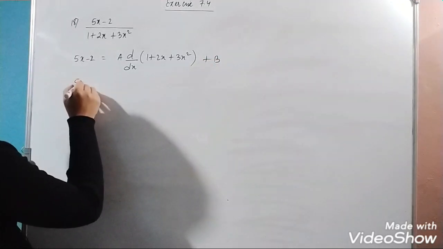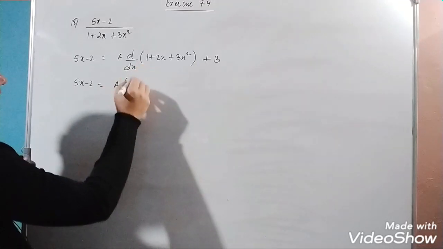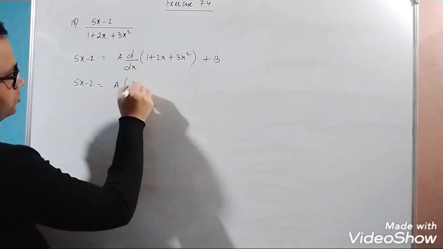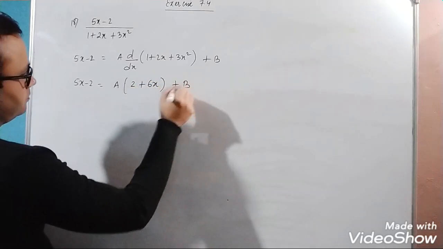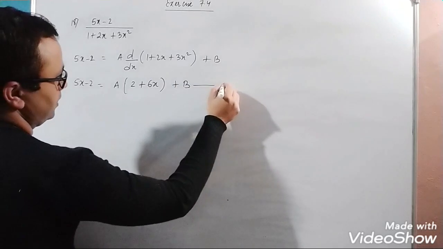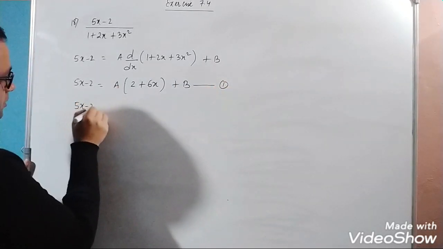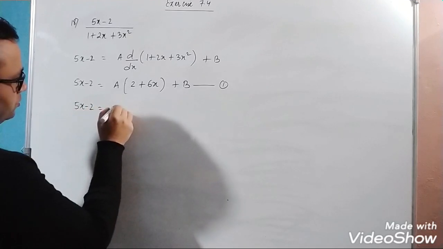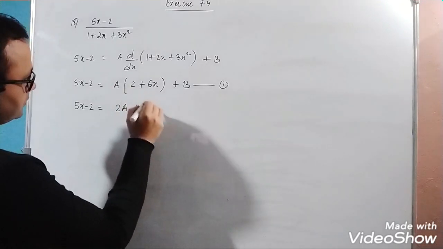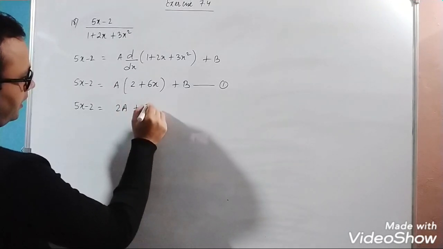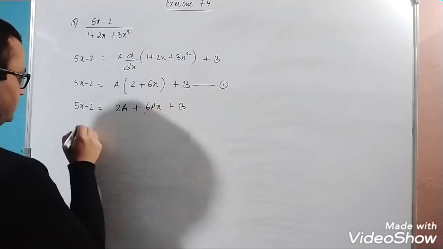So 5x minus 2 equals A times, the differentiation of 1 is 0, of 2x is 2, plus 6x, plus b. Now this is equation number 1. Now multiply this: 5x minus 2 equals a into 2 is 2a plus 6ax plus b.